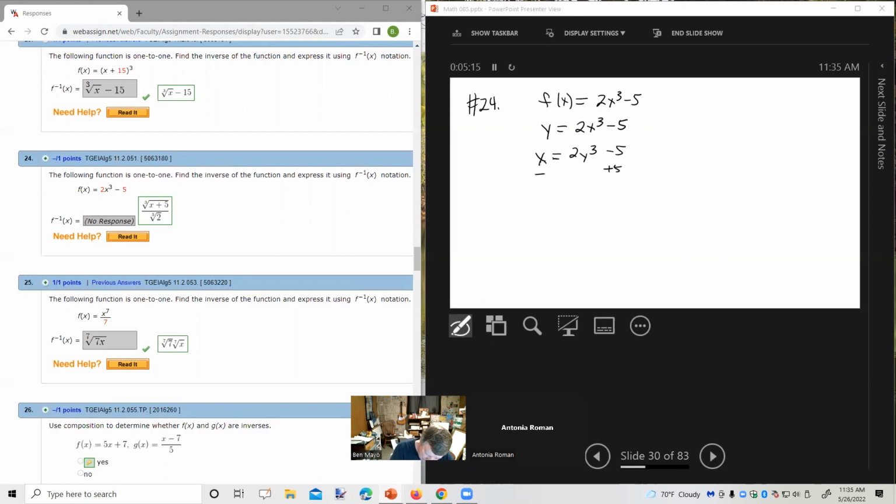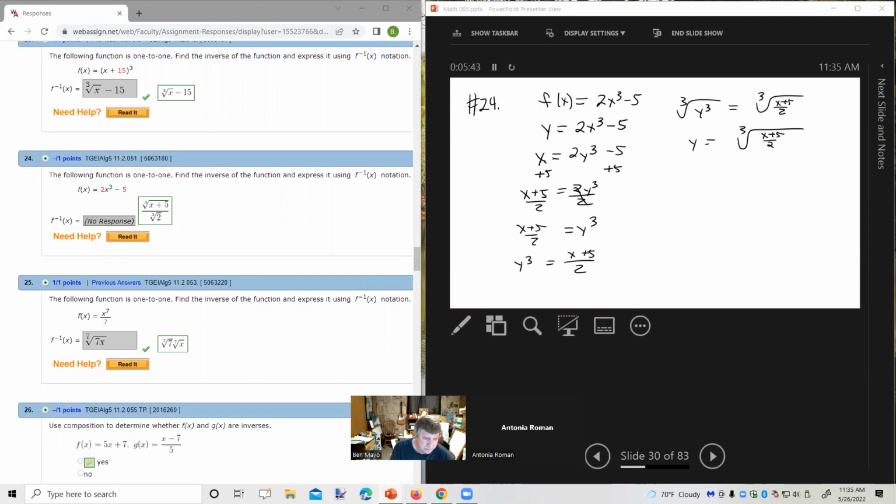I'm going to add 5 to both sides. X plus 5 is 2y cubed. I'm going to divide both sides by 2. Y cubed equals x plus 5 over 2. I'm going to rewrite it, putting y on the left side. Then I'm going to take the cube root of both sides. So y equals the cube root of the quantity x plus 5 over 2.